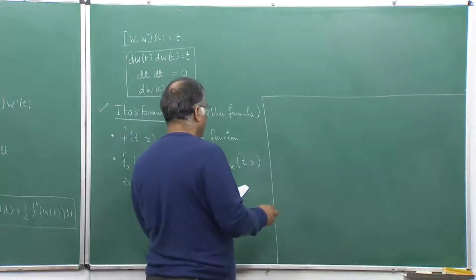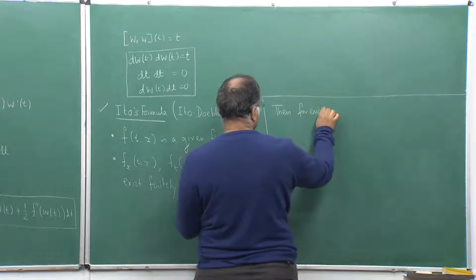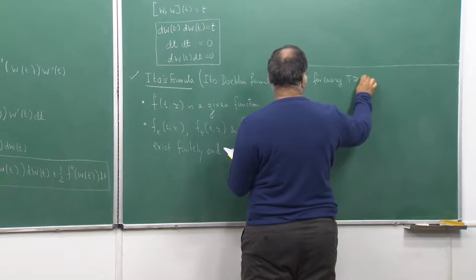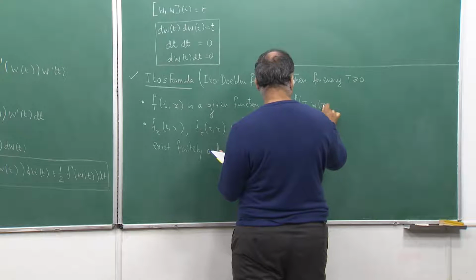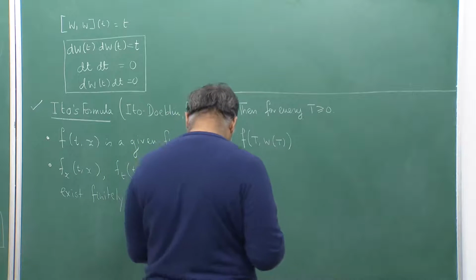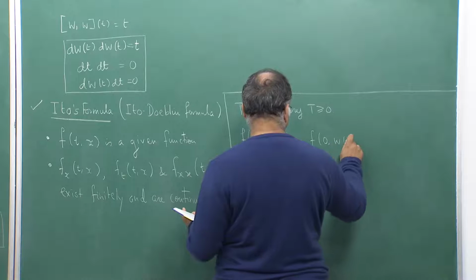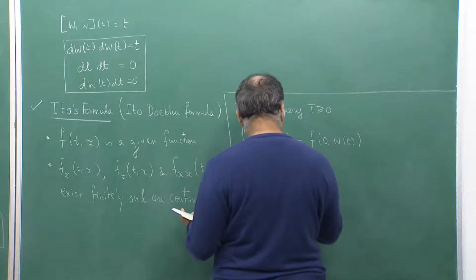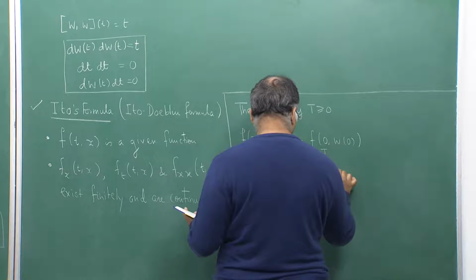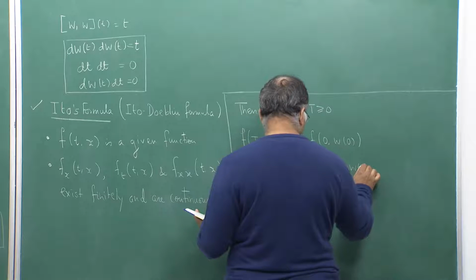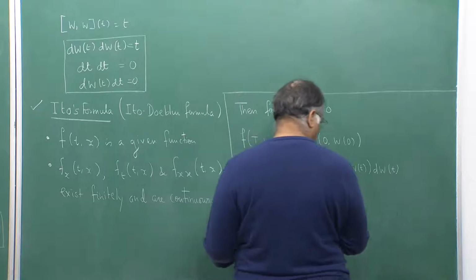So, Ito says then, for every t greater than or equal to 0, we have the formula f(t, W_t) is equal to f(0, W_0) plus the integral from 0 to t of f_t(t, W_t) dt.